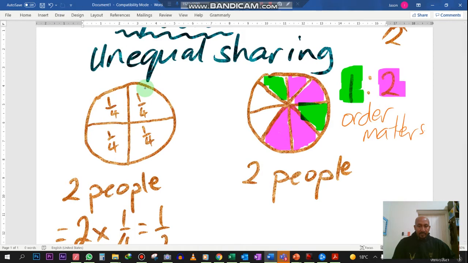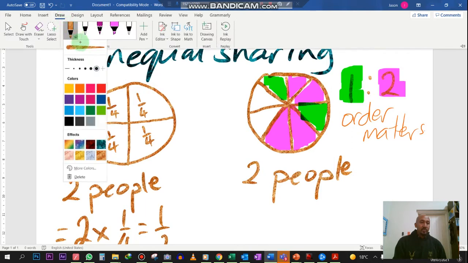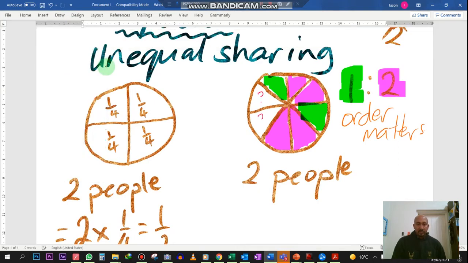And again, if you look, we now have 2 pieces left over. And what do we do with these 2 pieces of pizza? We cannot share them out because there is not enough for us to each get our total share. There's not enough for you to get 1 and for me to get 2. So basically these would be left over.